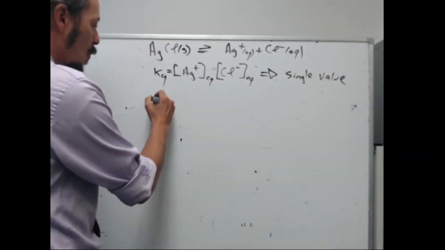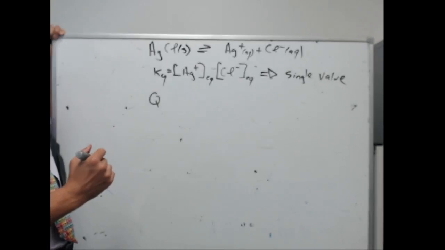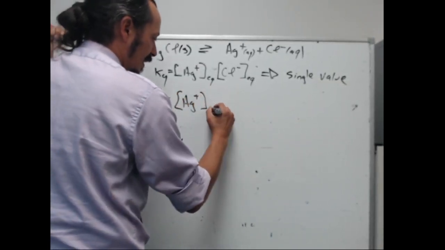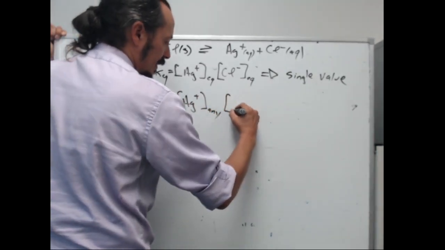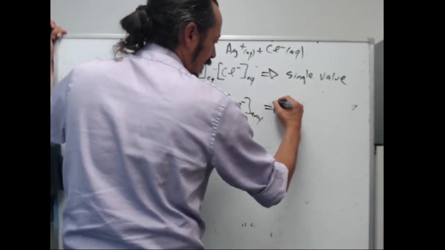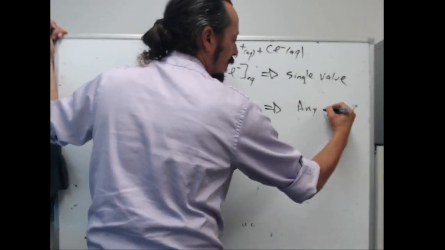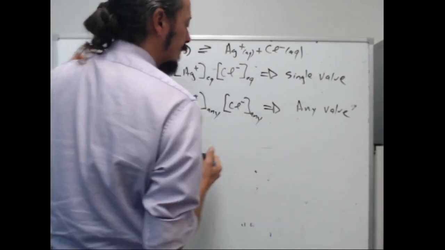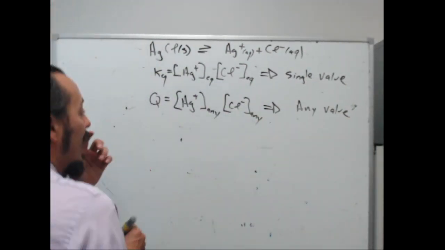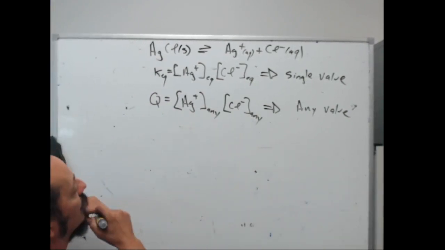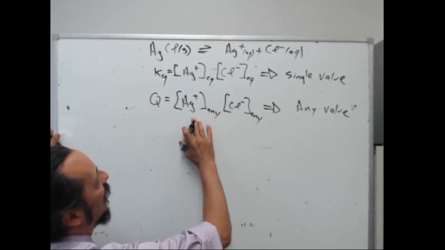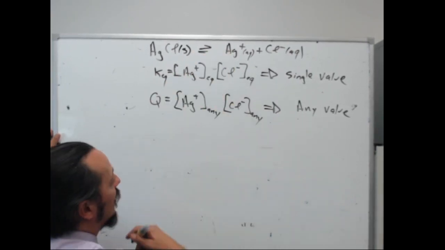Our reaction quotient, which we label Q, is Ag plus at any value times Cl minus at any value. And this can be any value. Now what this means for us is we can compare. We can say, well, if I've got any value, what happens if I'm at some value that is bigger or less than the equilibrium constant?